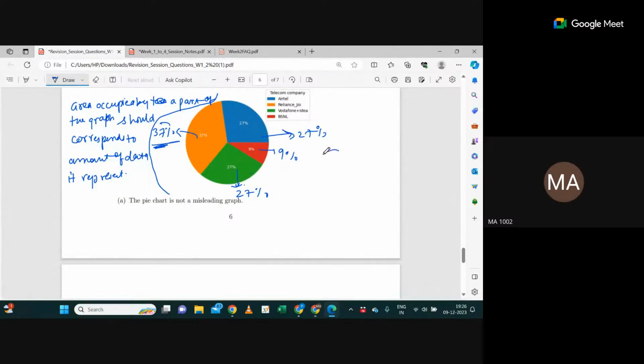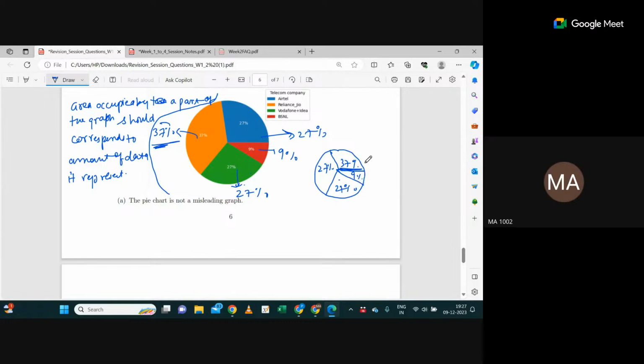For example, suppose I'm saying this is 27%, this is 37%, this is 9%, this is 20%, and some other slice is 27%.